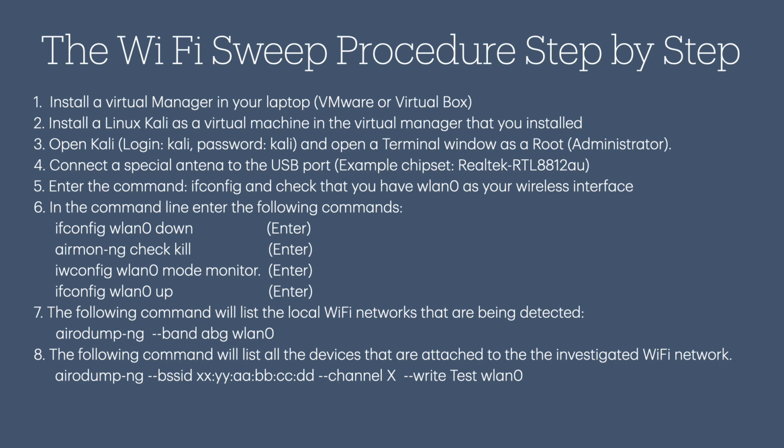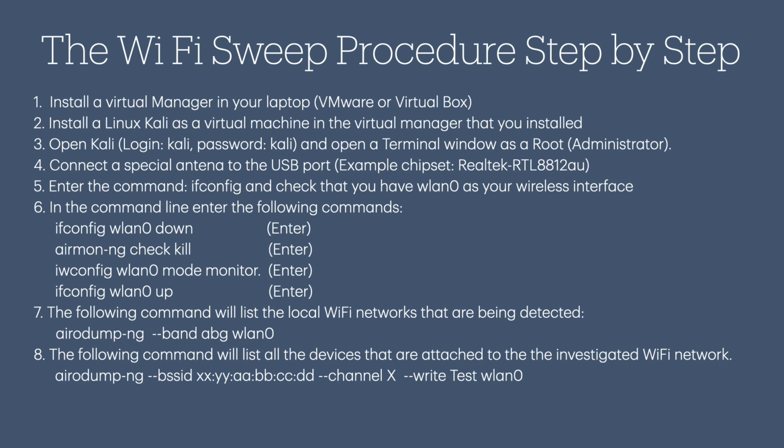XX:YY:AA:BB:CC:DD is the MAC address of the network that we want to investigate. Space dash dash channel X. As I said before, we need to know the channel; the X is of course replaced by the channel number that we take from the list in step 7. Space dash dash write test is we create a file that makes a report of all the packets that are being captured from the networks.